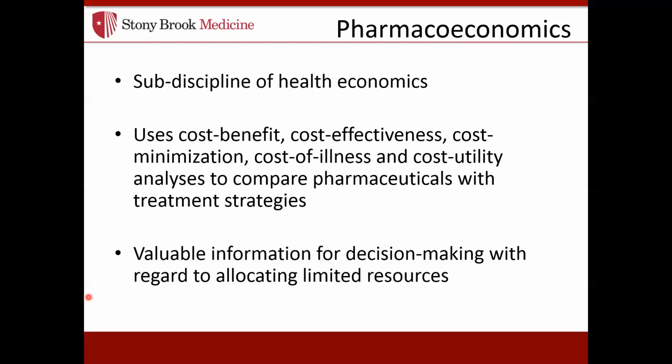These costs and consequences typically include economic, clinical, and humanistic assessments. It's a subdiscipline of health economics. It uses cost benefit, cost effectiveness, cost minimization, cost illness, and cost utility analysis to compare pharmaceuticals and treatment strategies. This is really valuable information for decision makers with regard to allocating limited resources.